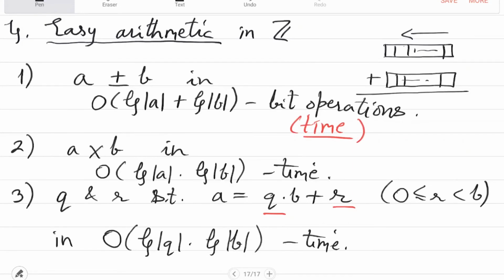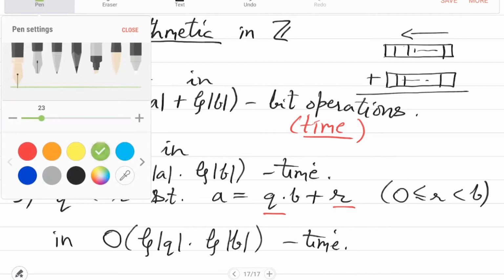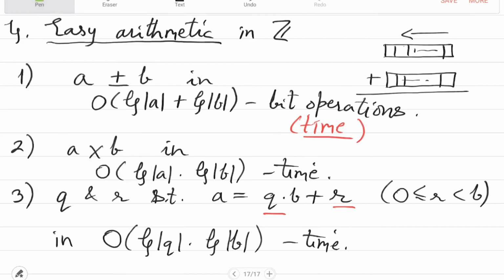Is it okay? So the long division works this way. So you first find Q0, whether it's 0 or 1.